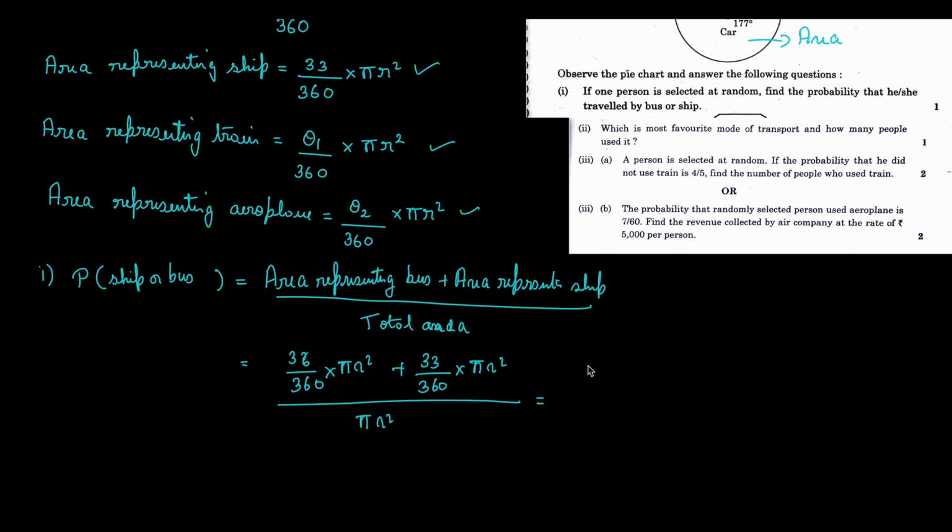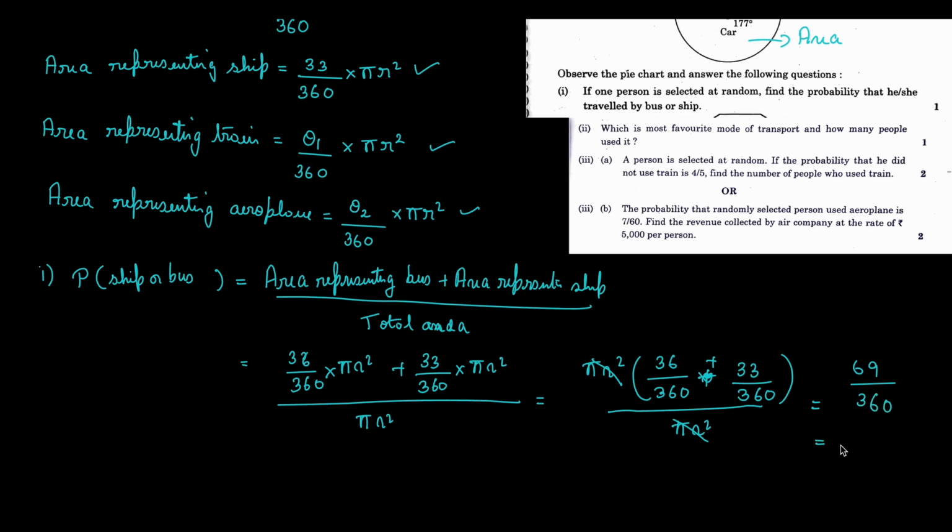We take pi r square common. Now pi r square gets cancelled. 36 plus 33, that is 69. Simplifying this by 3, we get 23 by 120. This will be the probability.